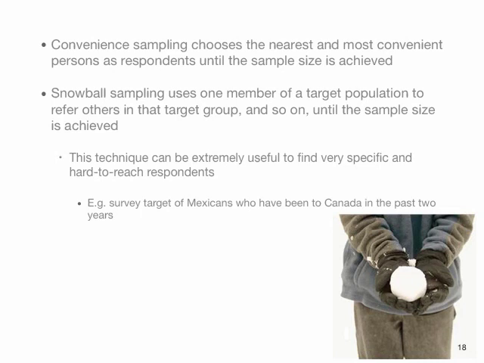And it can be very difficult in the entire population of Mexico to find Mexicans who have been to Canada in the past 2 years. So the way the snowball sample works, you find a few people who are within that target group, and then after you have asked them the questions and they've completed the questionnaire, you get them to recommend some other people that they know also are part of that group.